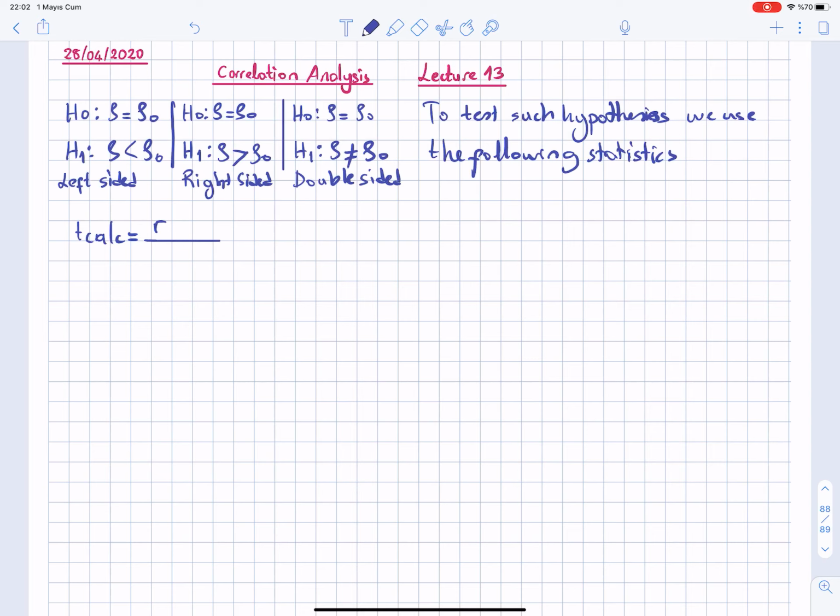You may have a subscript P, but I don't see this subscript in the literature, so I will skip it. It is the sample correlation r minus rho null, divided by the square root of 1 minus r squared, divided by n minus 2.